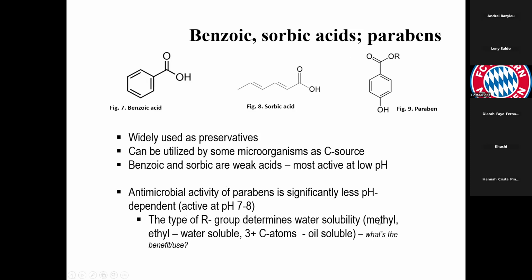And as it says here, methyl, ethyl side groups, so one carbon atom, two carbon atoms, are water soluble; 3 plus carbon atoms, so 3 and more, will give you oil solubility. What's the benefit? We just discussed it. You can provide a preservative system that will protect both the oil phase and the water phase in case of a separation.